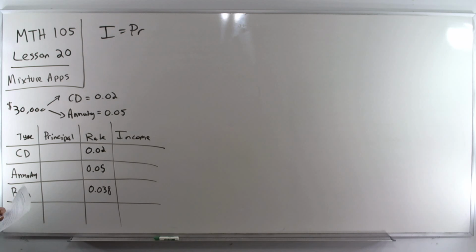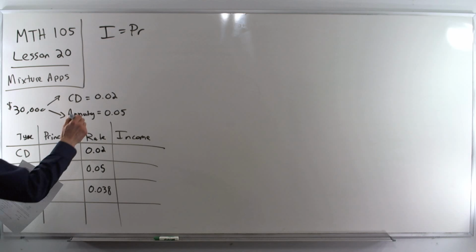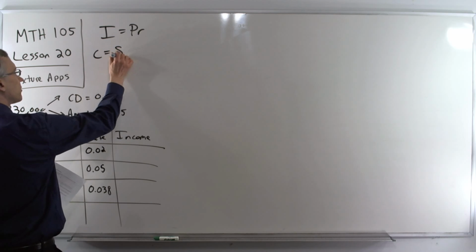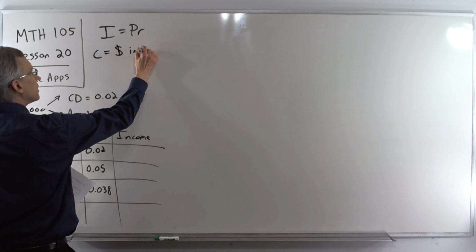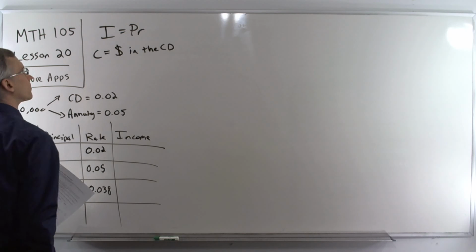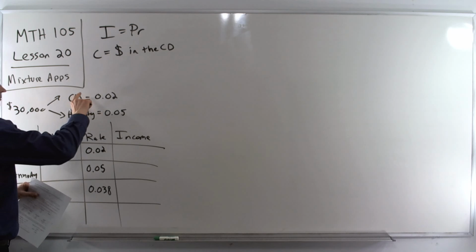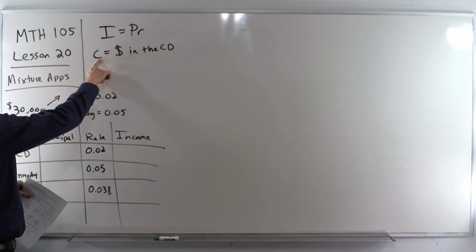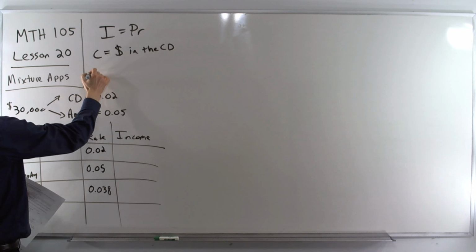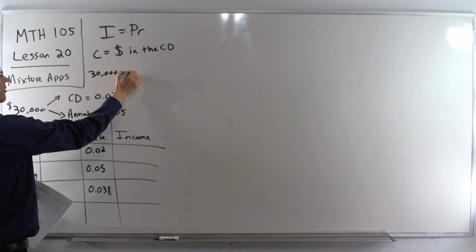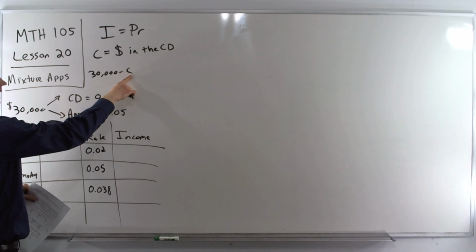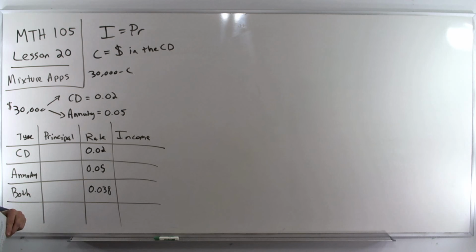So just like before, we're going to define a variable for one, and then write an expression for the other using that variable. It doesn't matter which one we pick, CD or annuity. I'm just going to say CD. C represents the number of dollars in the CD. Now, if we know the total amount invested is $30,000, and we're splitting that up amongst the CD and the annuity, to find the other amount, take the total and subtract what we put into the CD, 30,000 minus C. So notice this is just like the other ones.